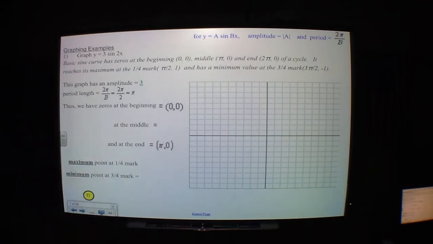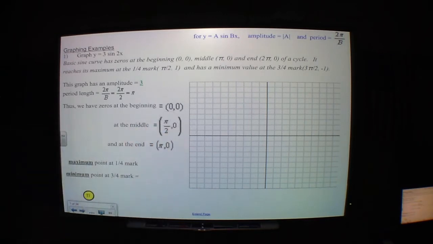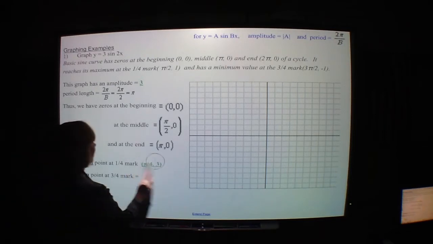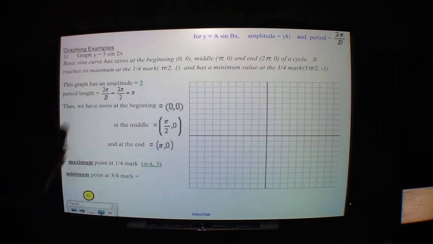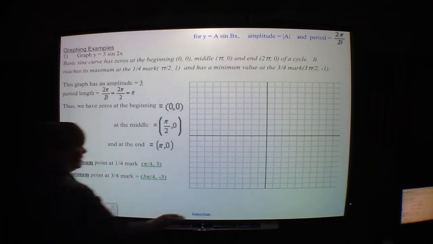So halfway through, half of pi is pi over 2, 0. So there are my zeros. My maximum is 1/4 of the way through the period, so 1/4 of pi gives me pi over 4, maximum at 3. Minimum is 3/4 of the way, so 3/4 times pi would give me 3 pi over 4, negative 3.